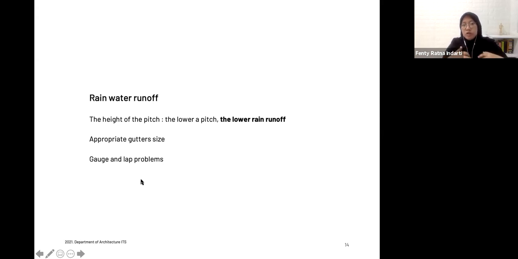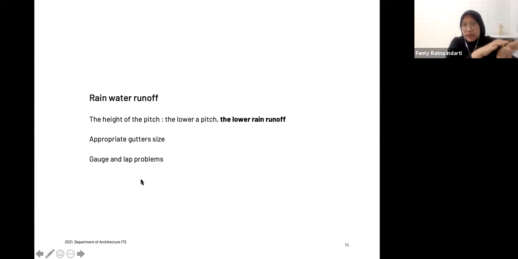So the gauge and lap problems are something that, I don't know whether you experience it or not in your daily life. Usually when the rainy days are accompanied by a strong wind, if you have a traditional house, for example, and you are using terracotta tile, usually there are some parts that are misplaced because of the wind, and it becomes a problem because actually they are not attached to anything.